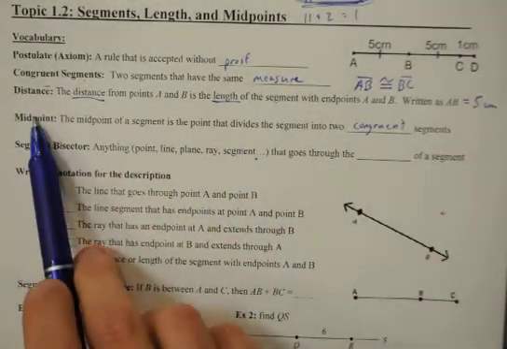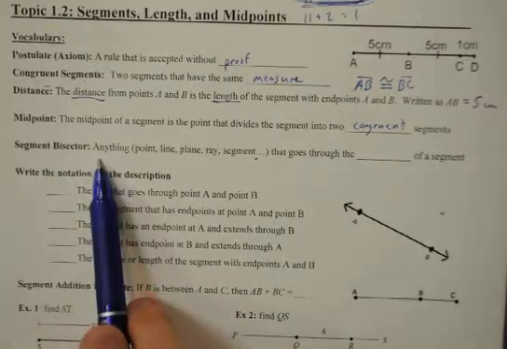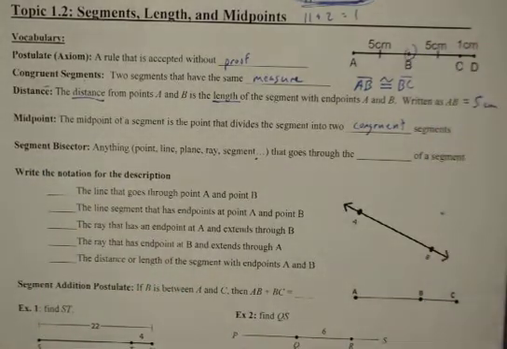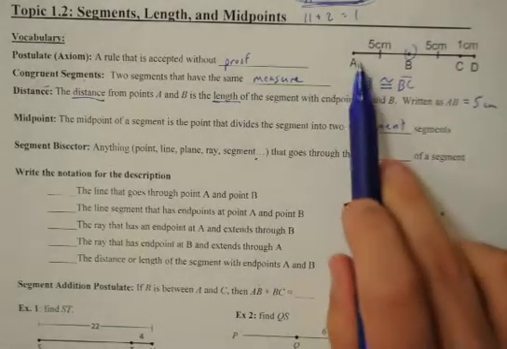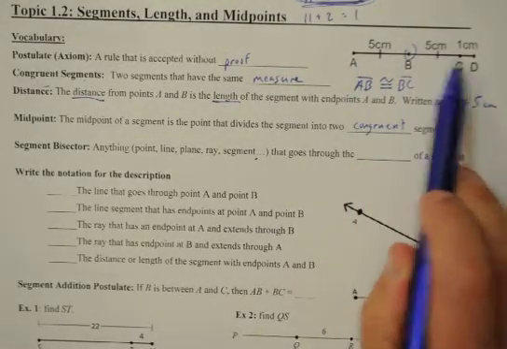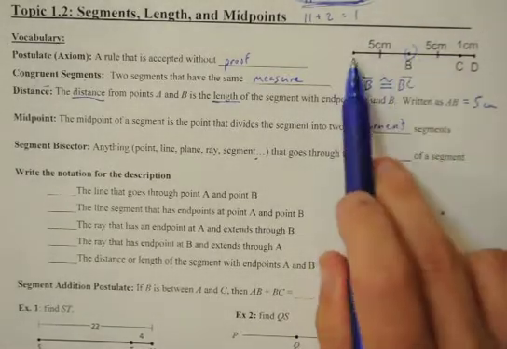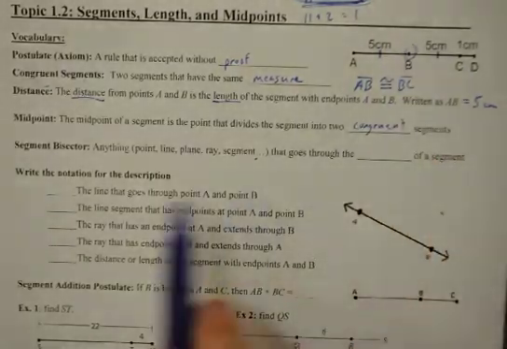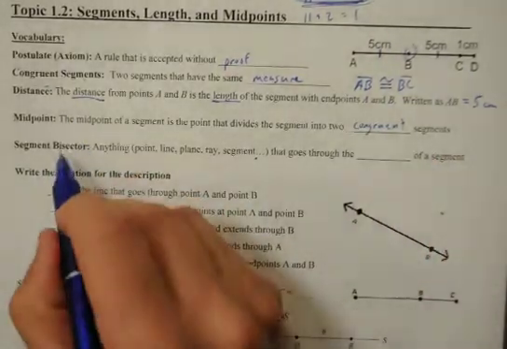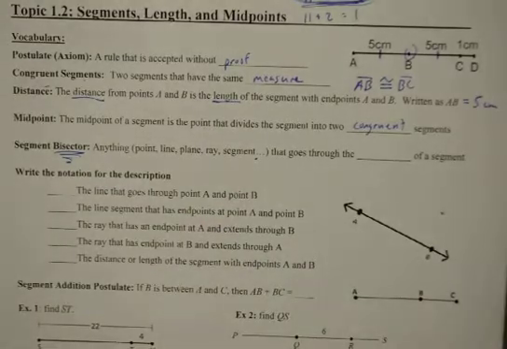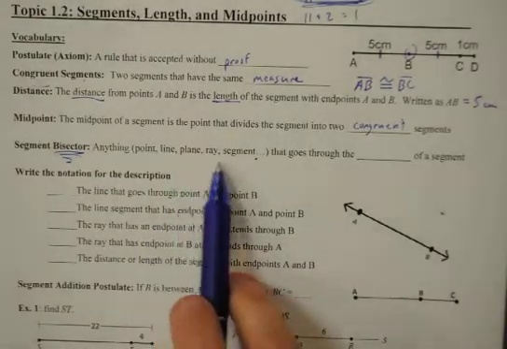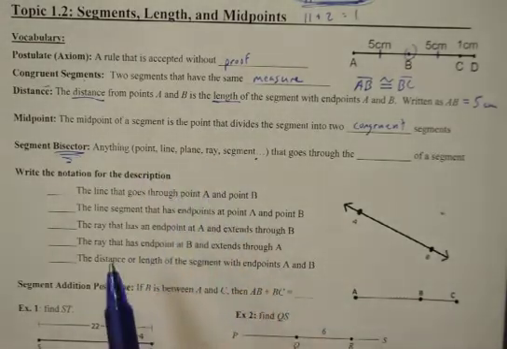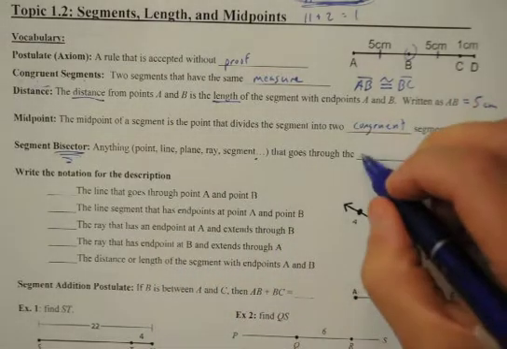I'm going to build off midpoint to make a new word, segment bisector. So B is a midpoint of segment AC. Up here in this picture, B is the middle of segment AC. It's the midpoint. A segment bisector, this word bisector shows up quite a bit. A bisector is anything, it could be a point, line, or plane, that goes through the midpoint.